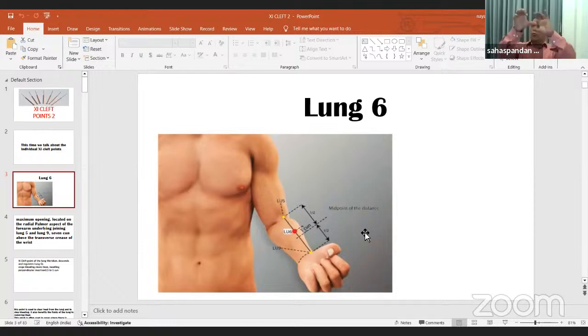This is the thumb breadth, this is 1 tune. You insert the needle in this measurement, or half a tune in the case of kids, and 1 tune in the case of adults.